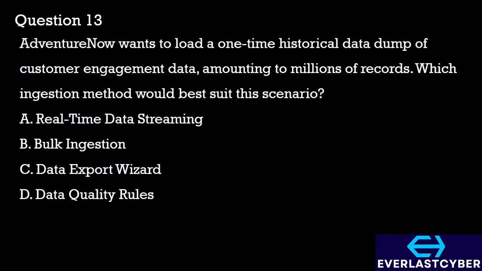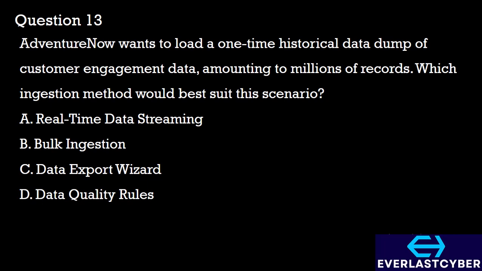Real-time data streaming is suited for continuous, instant data updates rather than for a large one-time data dump. Bulk ingestion is designed to import large volumes of data in a single operation, and this makes it ideal for a one-time historical data load with millions of records. Data export wizard is used to export data, and in option D, data quality rules are used to monitor and enforce data quality standards.